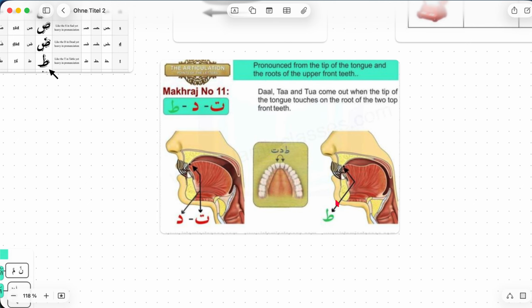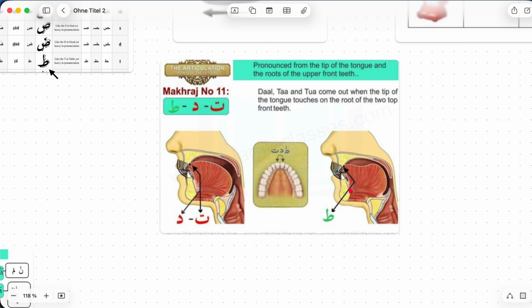Characteristics of the letter Ta: the letter Ta is heavy and pronounced heavy. It is also a raised letter, musta'li, and a closed letter, mutbaq.